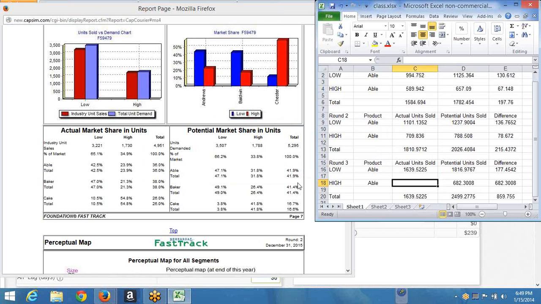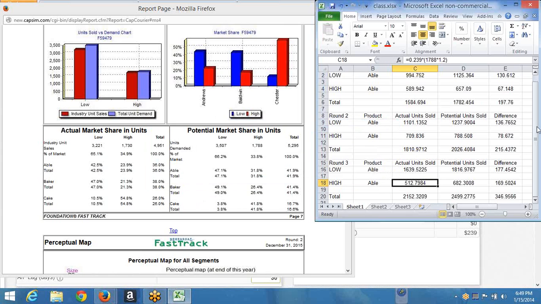So her potential went up in the low tech market, but went down in the high tech market. And I can copy that, bring that over, and then I'll change that 0.318 to 23.9, which is what I actually sold.